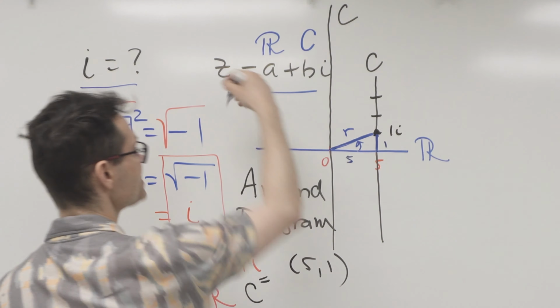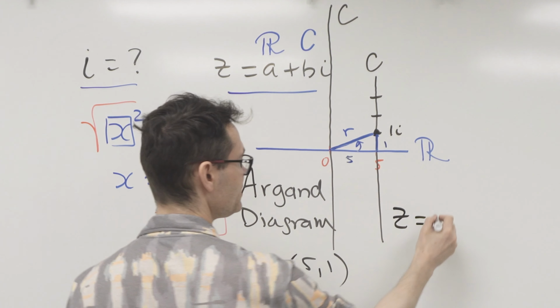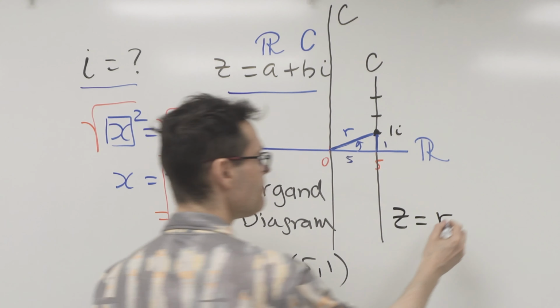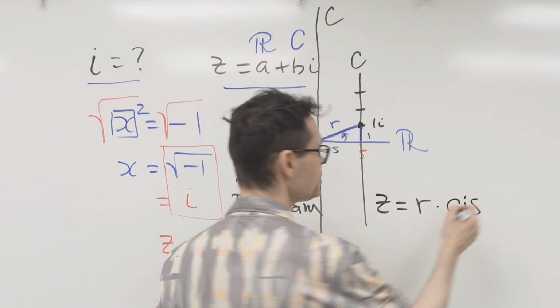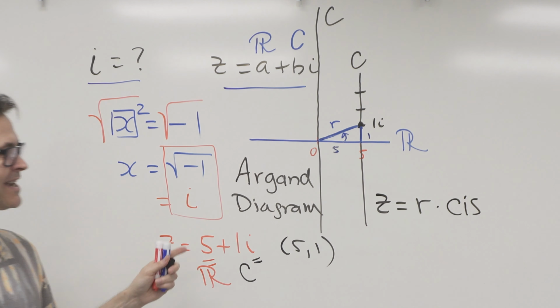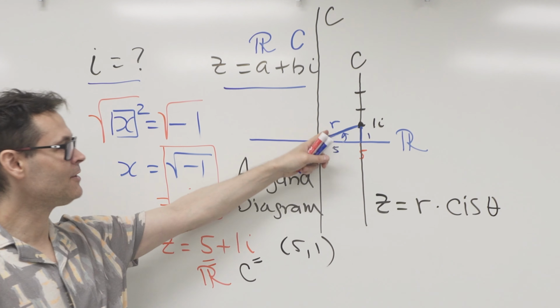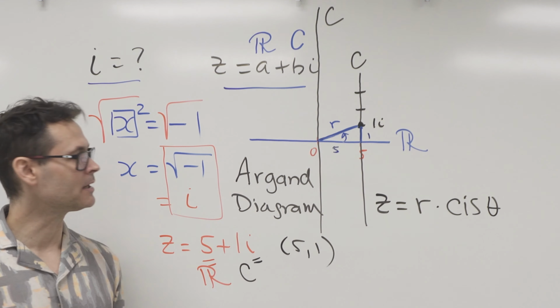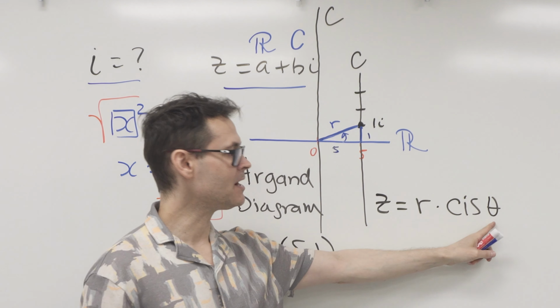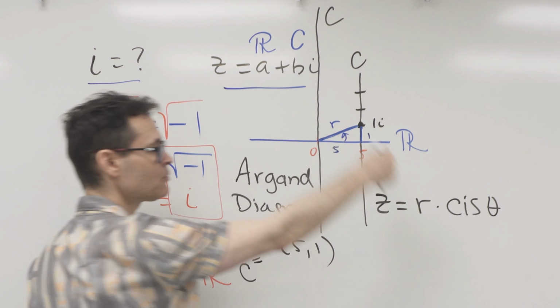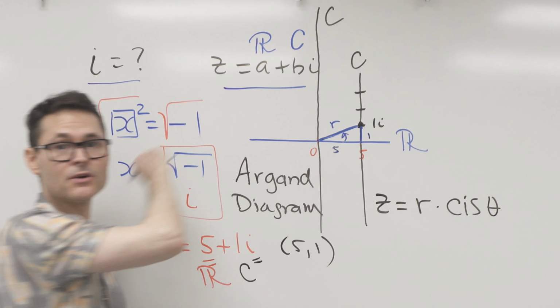So the same number z could be written as r, the radius, the distance from the origin, multiplied by, I'm going to jump a little bit over the moon here, cis theta, where theta is the angle of rotation like you did in trig. So the modulus and the argument define that. So every Cartesian form could be written in polar form and vice versa.